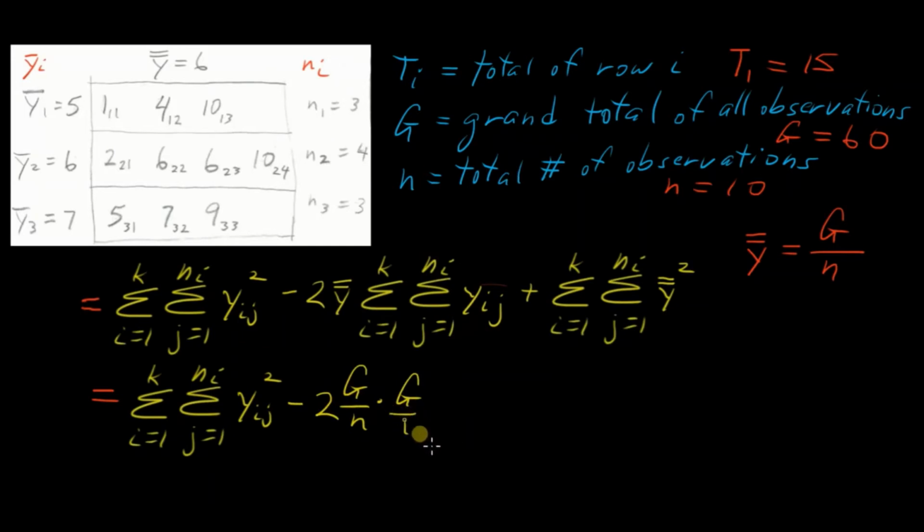You know, if you want, you can think of G over N times G over 1. So what we're going to end up having is G squared over N. Okay, for this thing, we're going to need to do a little bit of fancy manipulation. So what I'm going to do, this is a constant. It has no i's or j's in it. So as we've seen, we could actually have set that in front here.